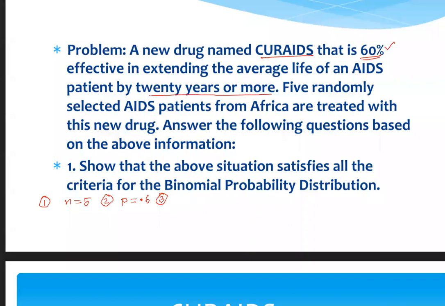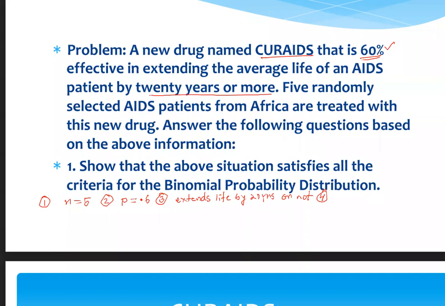It is a trial or a study. There are 4 conditions minimum. There are 2 fixed outcomes. It's effective or it's not effective. Exactly. Either it extends the life of AIDS patients by 20 years or not.